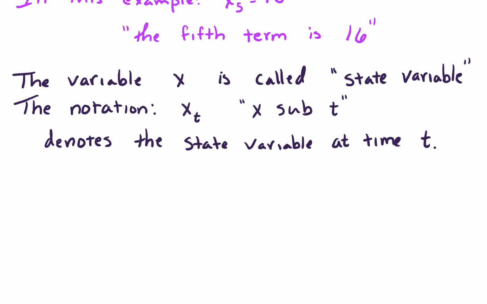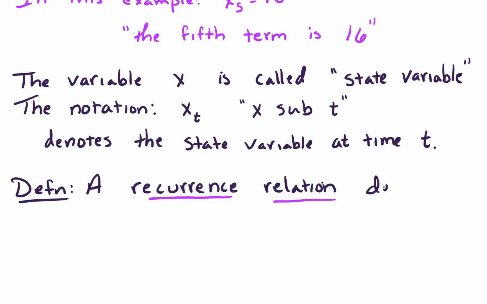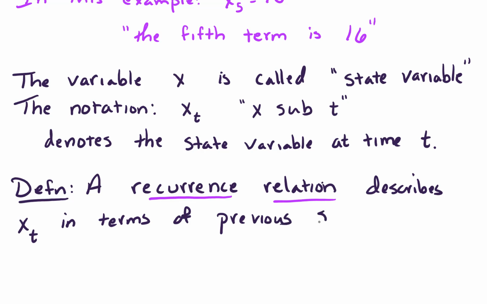Now I want to define what's meant by a recurrence relation. A recurrence relation describes the state of the system; it describes x sub t in terms of previous states.